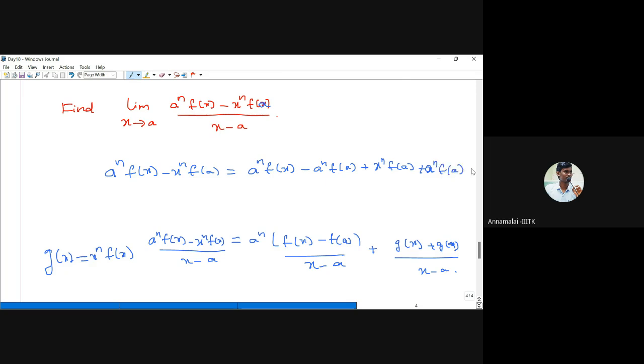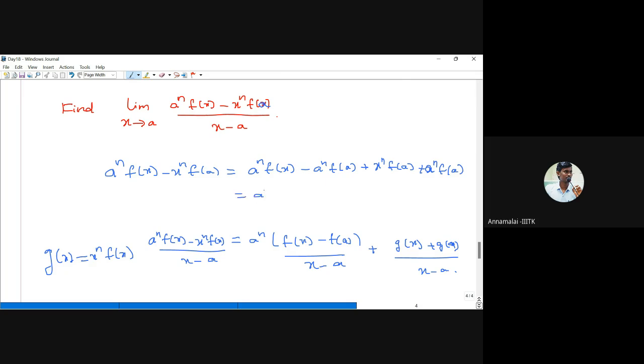Okay, again we get some confusion. Better we can add x^n f(x). Anyway, the idea is we have to add and subtract something.